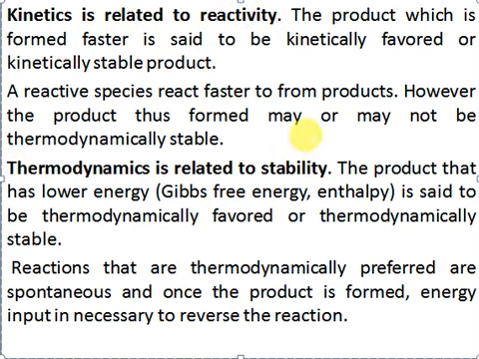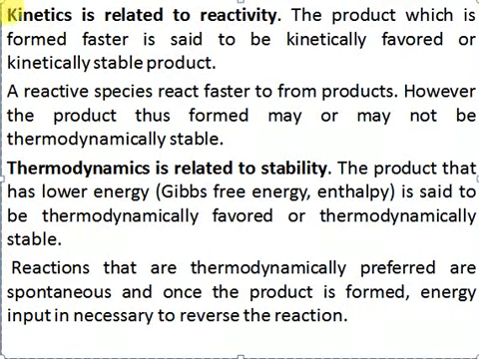You know that in order for a thing to be stable, the Gibbs free energy should be lower, the enthalpy should be lower. So if a product has a lower energy, it will be less reactive, so that will be more stable. Reactions that are preferred thermodynamically are spontaneous, and once the product is formed, you have to give energy in order to reverse the reaction.